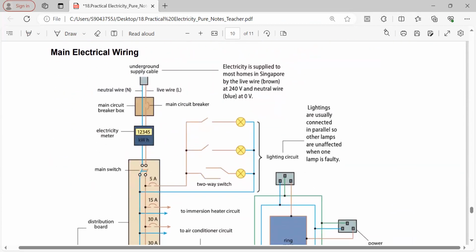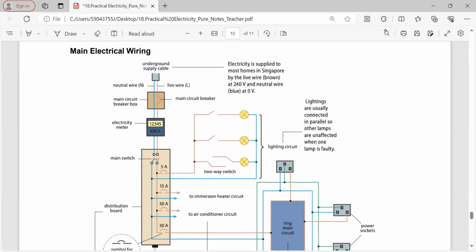Okay, and finally, you can just look at the main electrical wiring for a typical house. It starts with the power coming from the power station. Okay, it goes through the live wire, and there is a main circuit breaker.